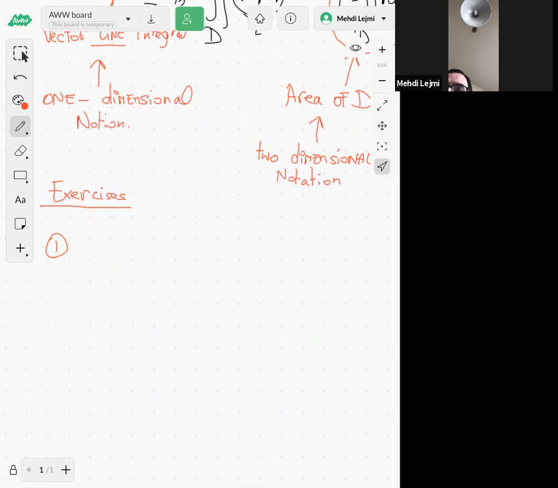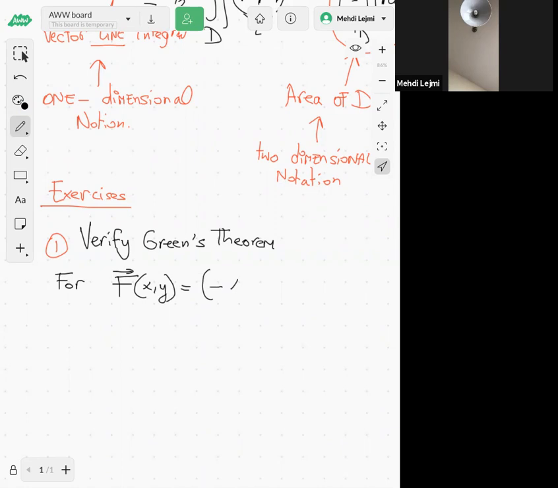All you have to do is verify Green's theorem. So the first exercise is: verify Green's theorem for the force field F equal to minus x squared y, x y squared, and D, let's say, is the disk.